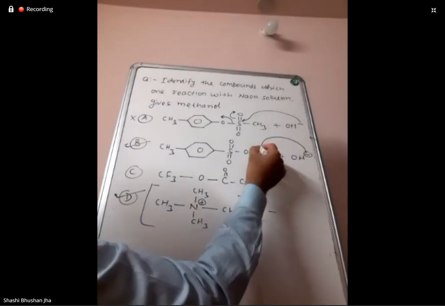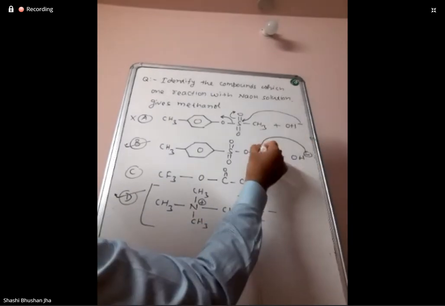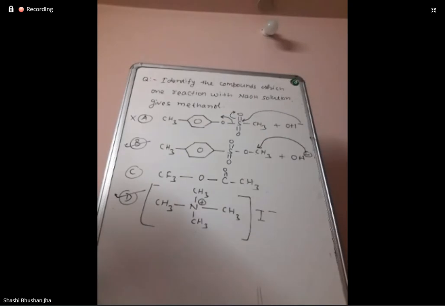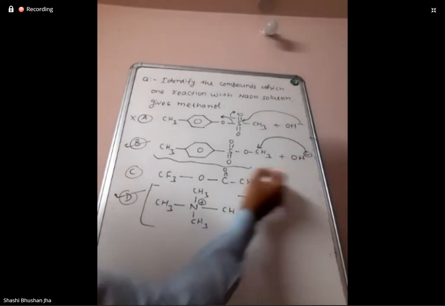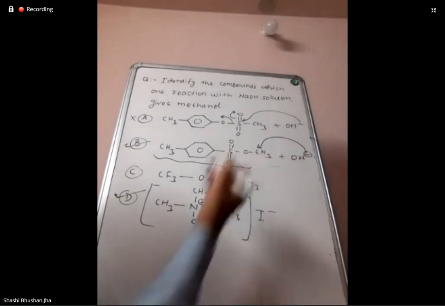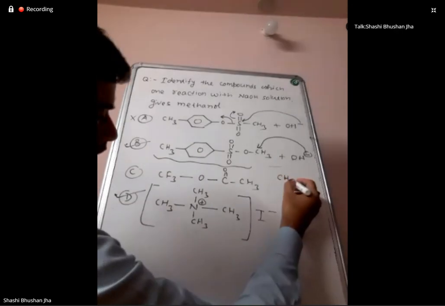Suppose it goes to carbon, what is the leaving group? The leaving group will be this tosylate ion, a very, very good leaving group. And if it attacks on the sulfur, what is the leaving group? OCH3 minus, methoxide, which hardly behaves as a leaving group. You know, methoxide will hardly behave as a leaving group. This is a very strong base.